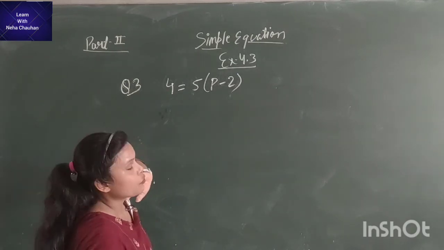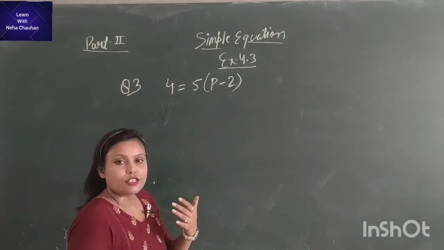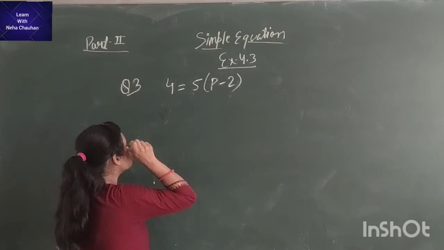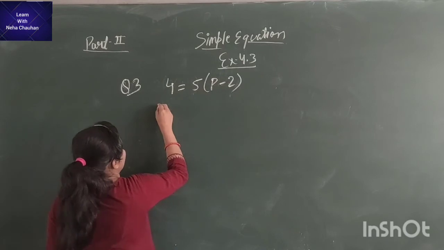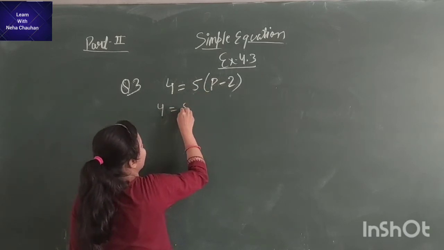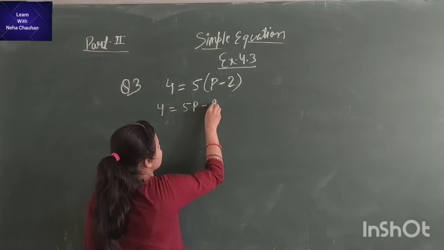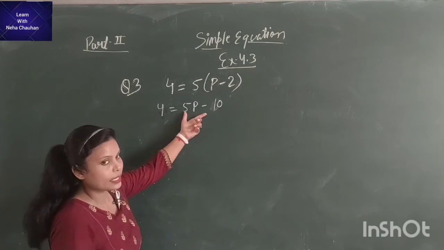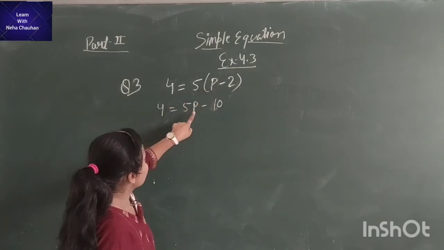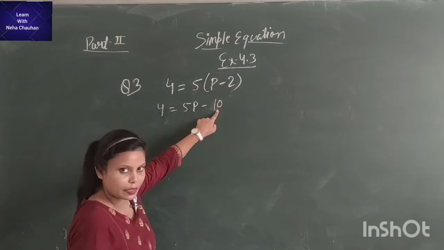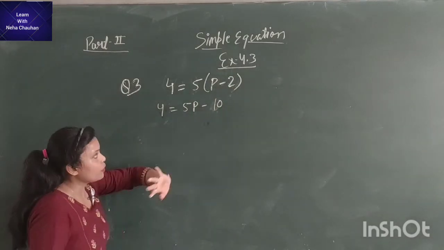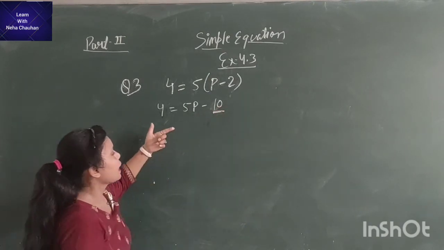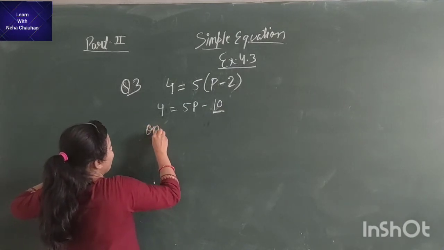So what we have to do, we will solve it by the other method, right? We will multiply this out. 4 is equal to 5p minus 10. How do we get this? 5 multiply p is 5p, 5 multiply 2 is 10. Now we will take this 10 to the left side.